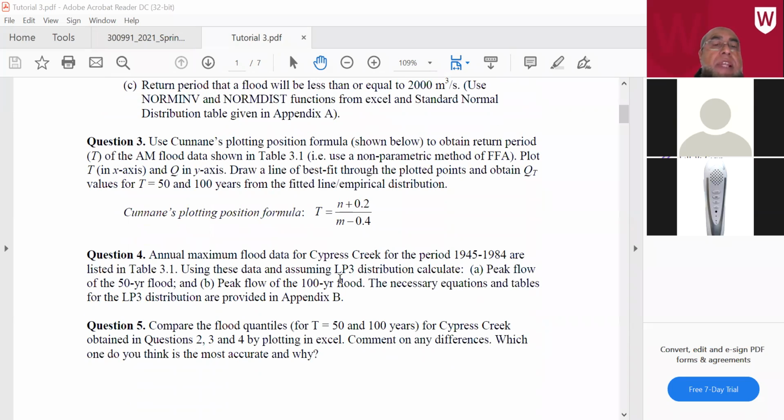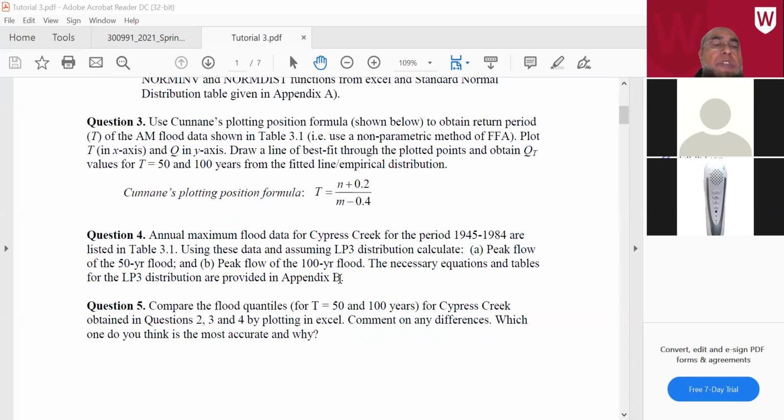Fourth question is LP3 distribution. And question 5 is to compare the flood quantiles, or the design floods we are estimating based on 50-year and 100-year return periods, and to comment on any differences between the methods.